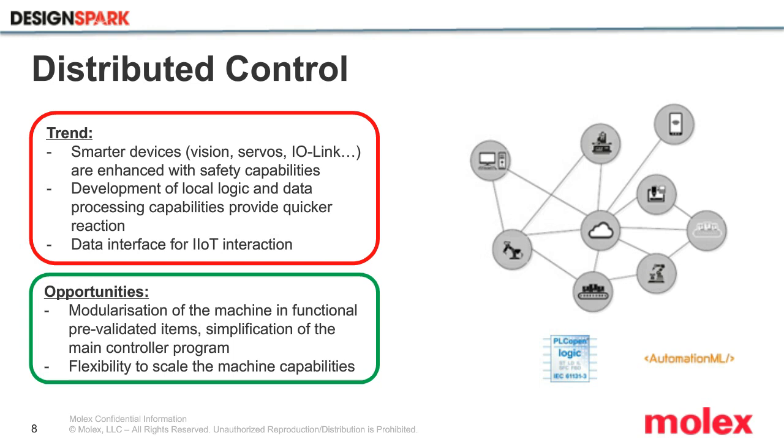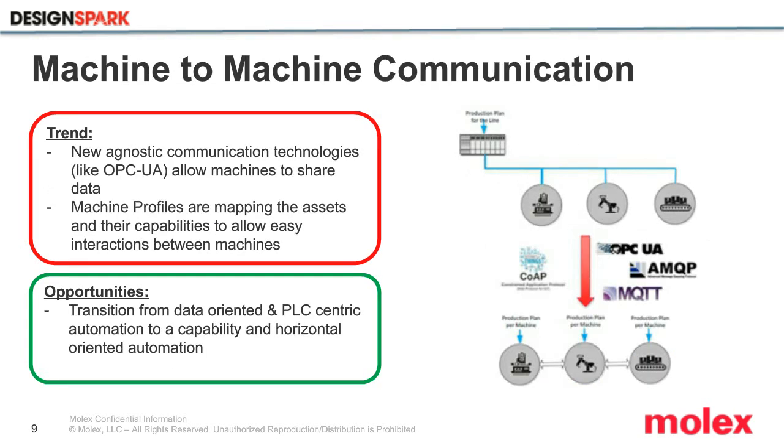This modularization also simplifies the global control management of the machine, increasing the flexibility and scalability of the machine, as well as providing a faster time to market for the design of new variants of machines or production plants. Next trend that we see, trend 3, machine-to-machine communication.